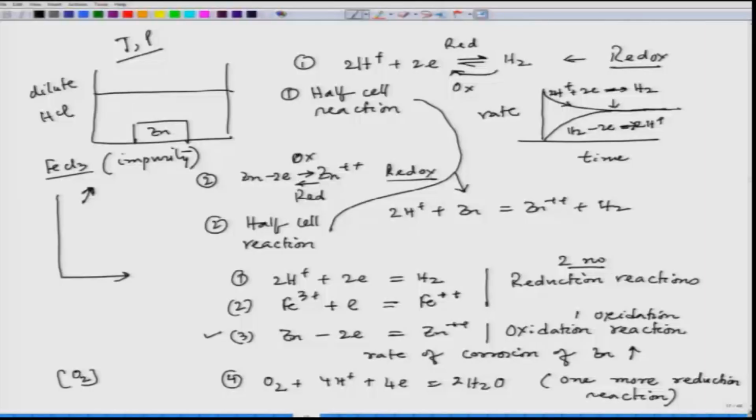So, as we see these three examples, in a system we can have one reduction and one oxidation, or there could be multiple reduction reactions and one oxidation, but the total number of electrons supplied by the oxidation reaction would also increase, because we have to maintain three reduction reactions.